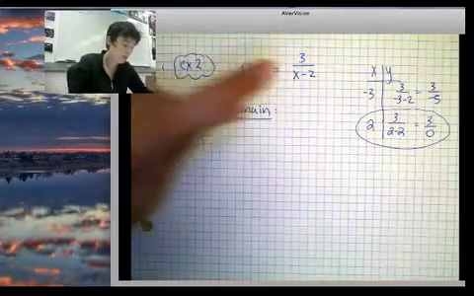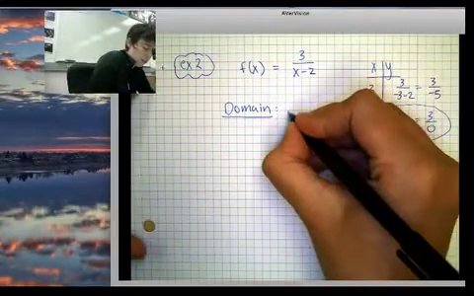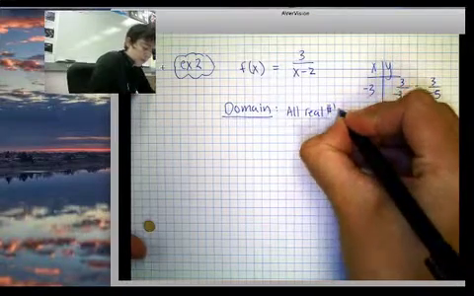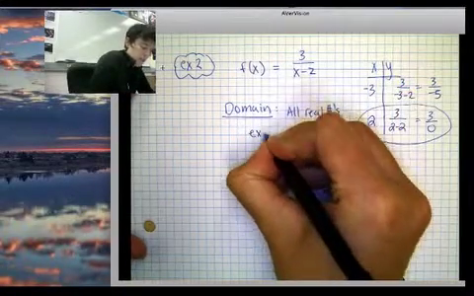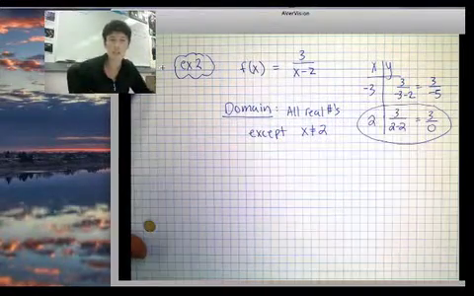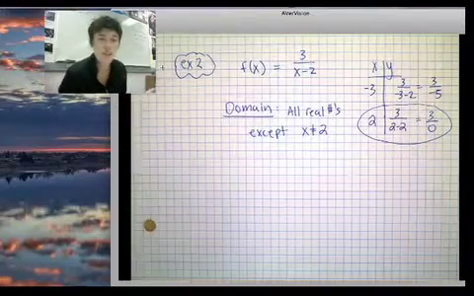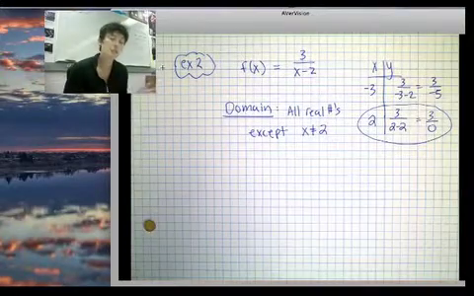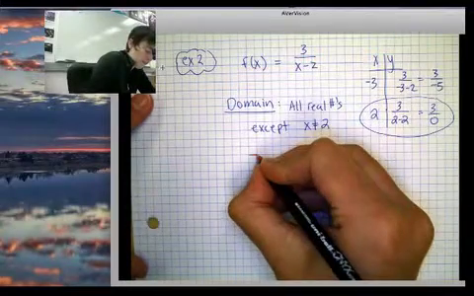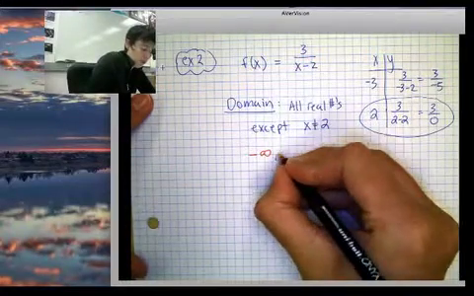Sure. So my domain is going to be all real numbers except x cannot equal 2. That's the one number it can't equal. Now in interval notation, we're going to say it's every single number but 2. So we're going to write it like this. We're going to say it goes from -infinity all the way to 2.